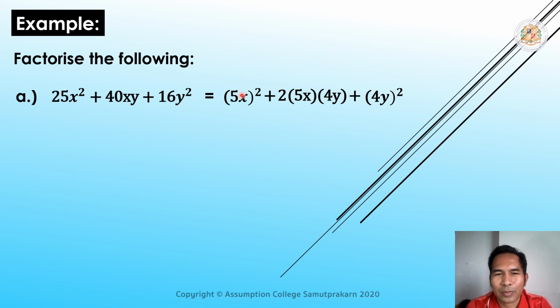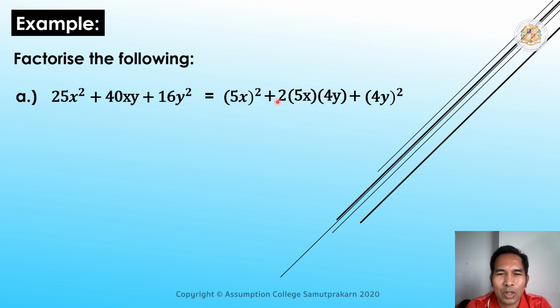So again, check the first term and the last term. They must be perfect squares. But the middle term must also be 2 times ab, the product of the square roots of the first and the last term.